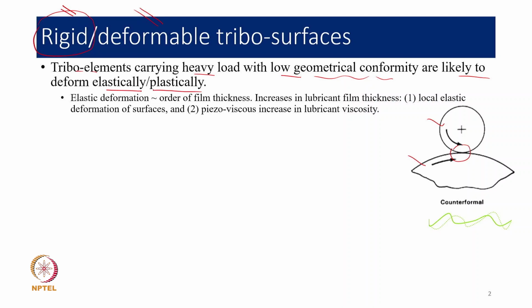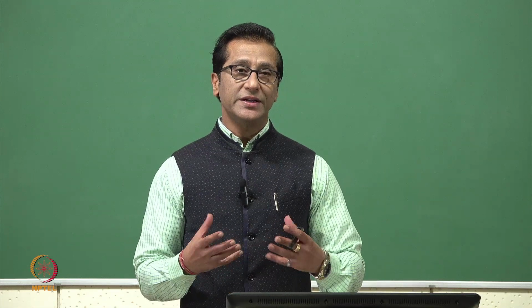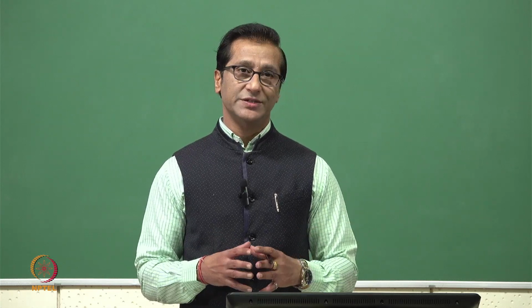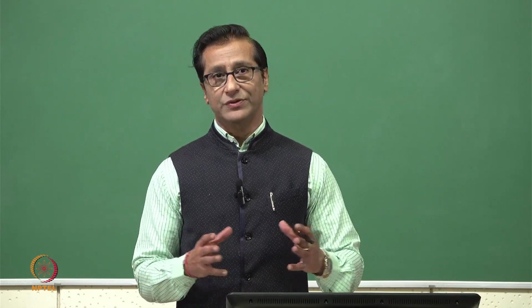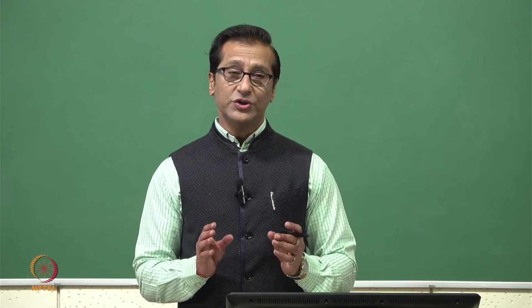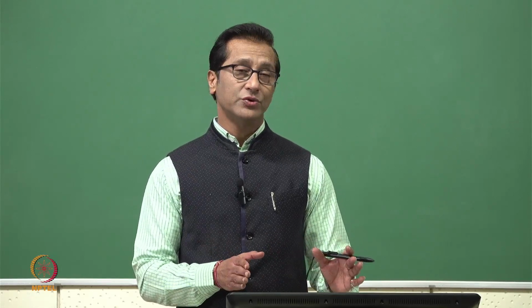In the present lecture, we will focus more on elastic deformation. We know that when running starts, at the beginning when the tribo surfaces come into contact, there will also be plastic deformation, and some variation in surface roughness. We are not going to change the surface roughness. We are assuming the running-in process is already over.